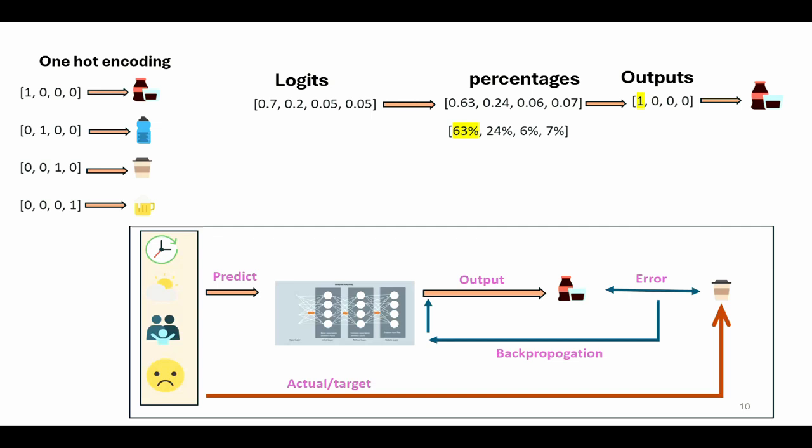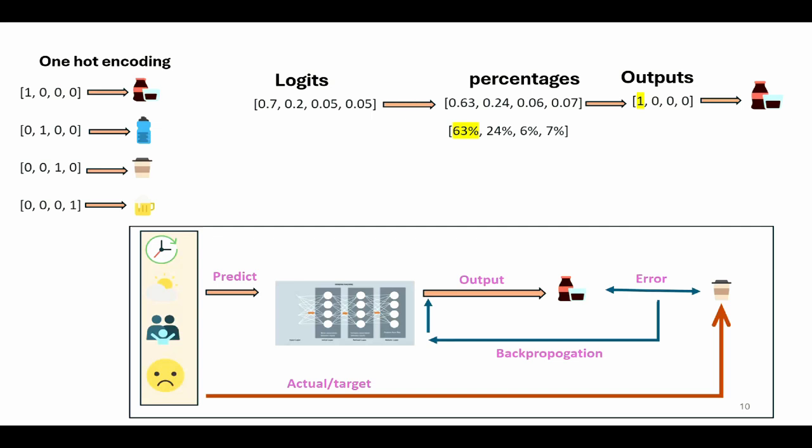Basically that means that if you get an output as 0.7, 0.2, 0.05, and 0.05, what you're saying is there's a 63% chance that this is coffee. Why is it 63% chance? Because you see that position there, 63%, that is position 1, which we said, oh sorry, not coffee, soda, my bad, right?